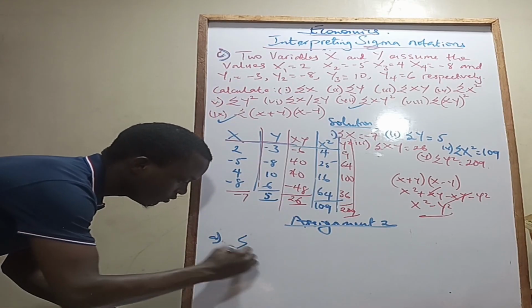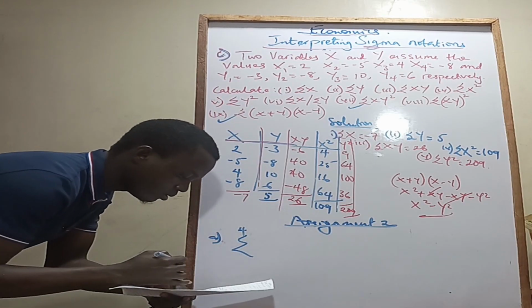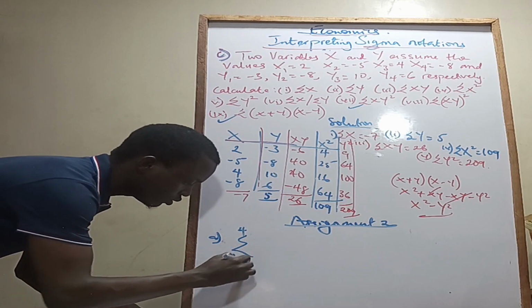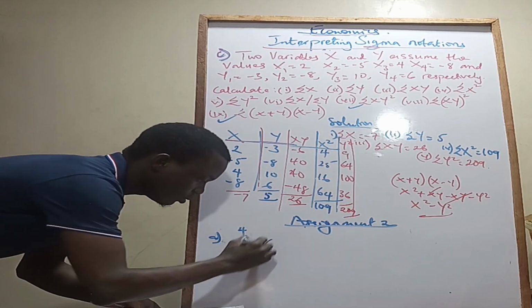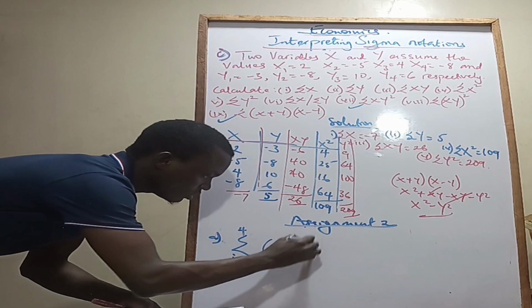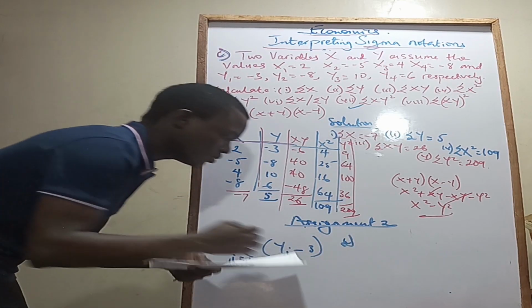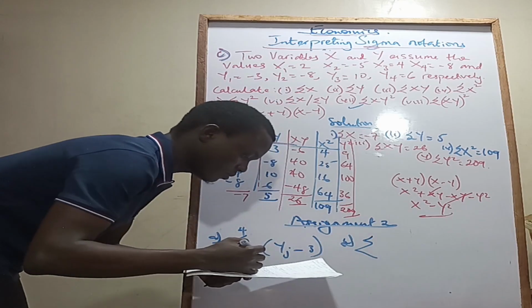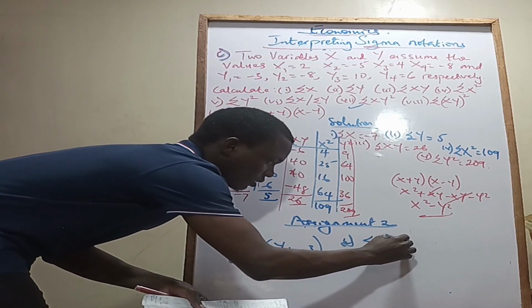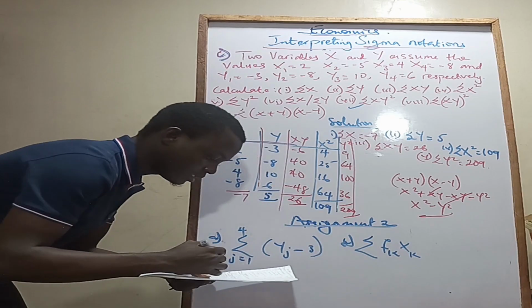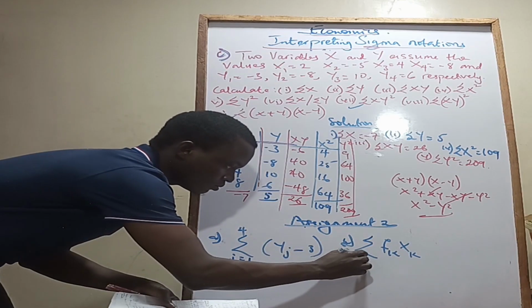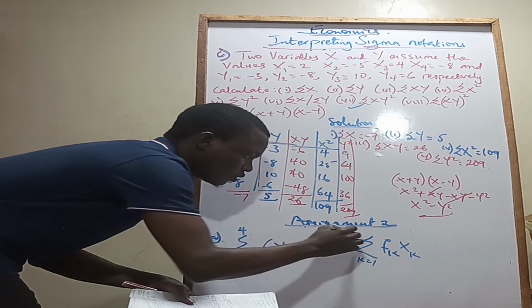So you have sum of j equals 1 to 4, open bracket yj minus 3. So write out the terms. Then B, sum of fk xk, as k is starting from 1. Not the time though, so just follow what is there.